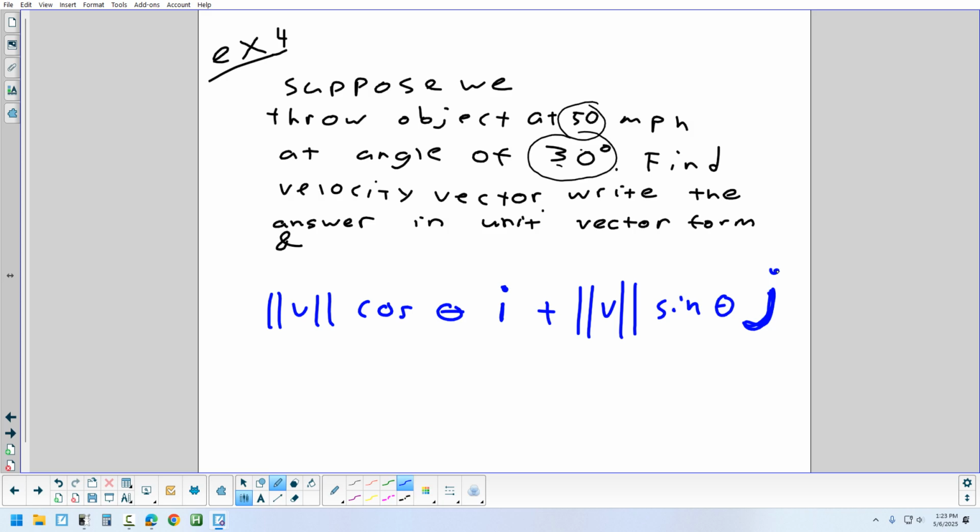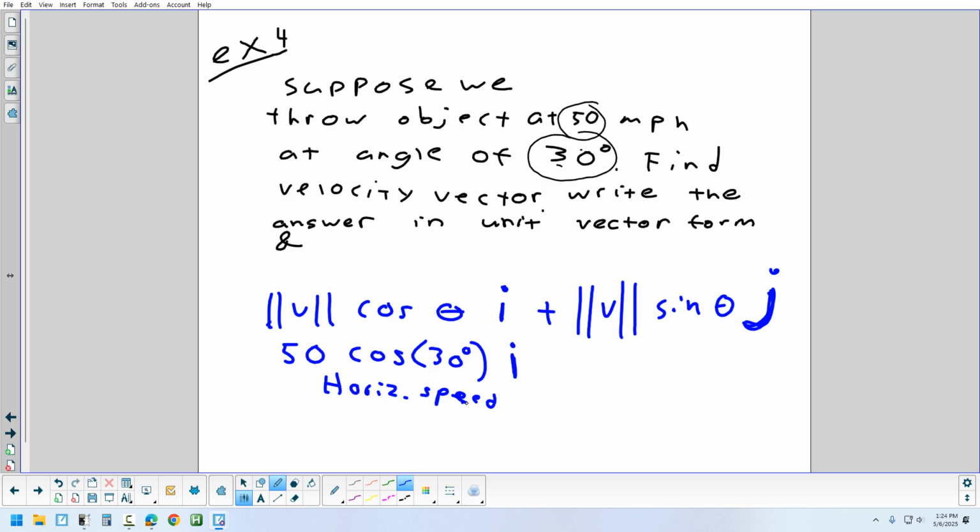What's the speed in this problem? 50 miles per hour. And what's the angle? 30 degrees. Okay, so we'll figure that out. That's going to be what we call the horizontal speed of the object. In other words, if somebody was throwing this object at you and you pointed a radar gun straight at it, this is the speed it would be coming at you.